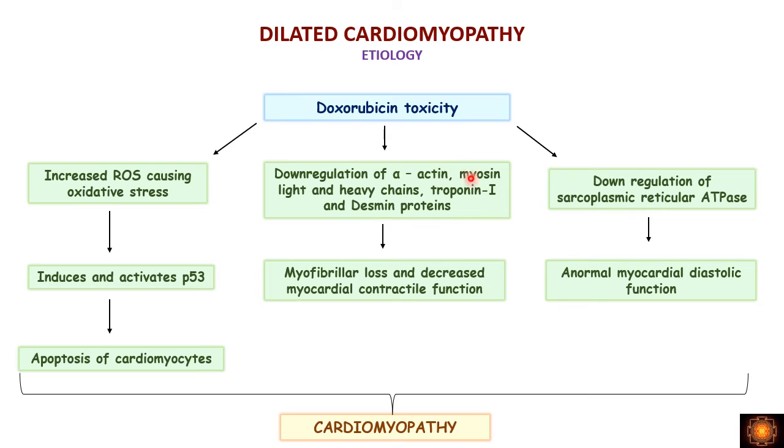Because of the downregulation of these proteins, there is myofibrillar loss and a decrease in myocardial contractile function. And also there is a downregulation of sarcoplasmic reticular ATPase. This causes abnormal myocardial diastolic function. So all these three things again cause cardiomyopathy because of doxorubicin toxicity.